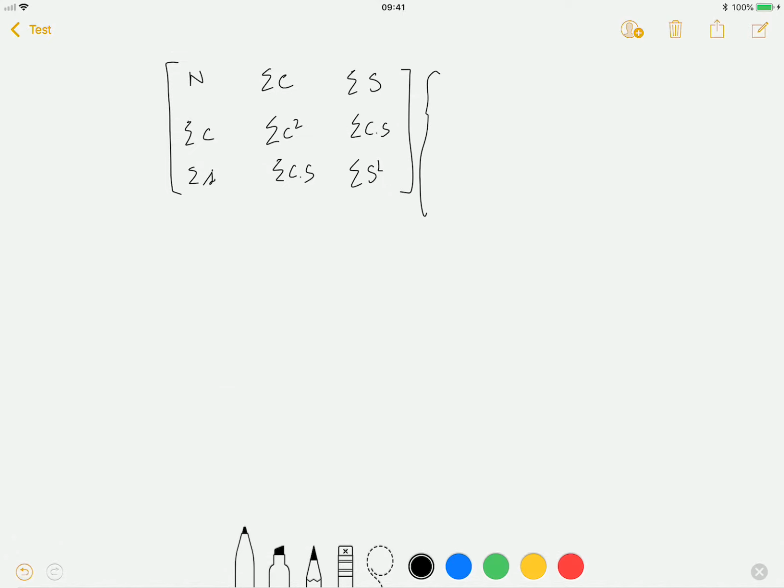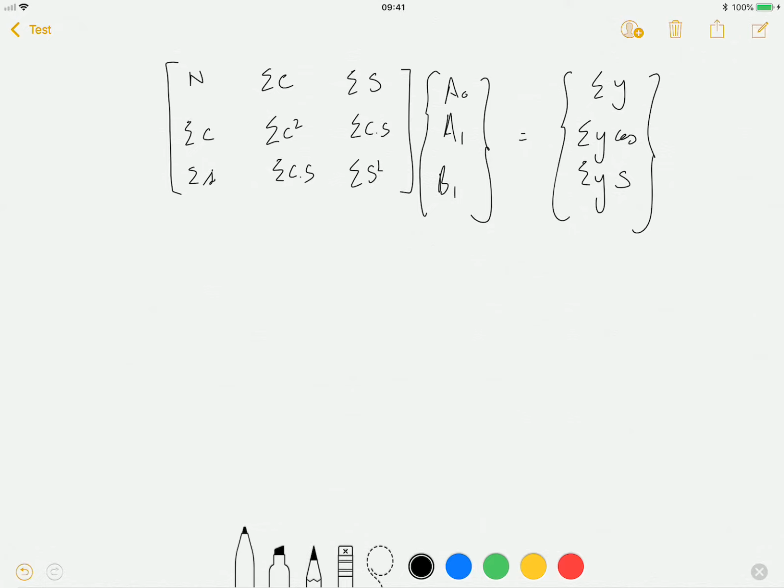Okay, this is a set of linear equations. Here are our coefficients. That all equals sum of y, sum of y cos omega t, sum of y sine omega t.